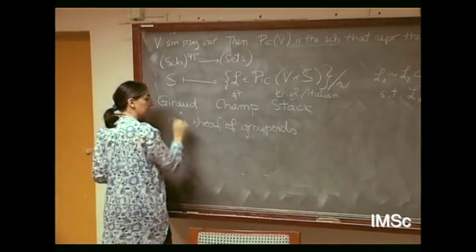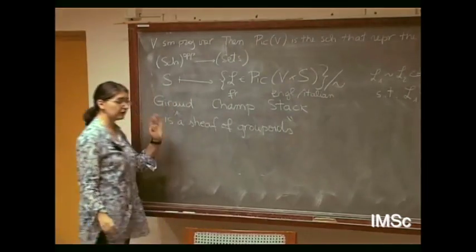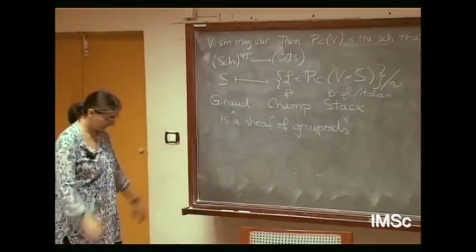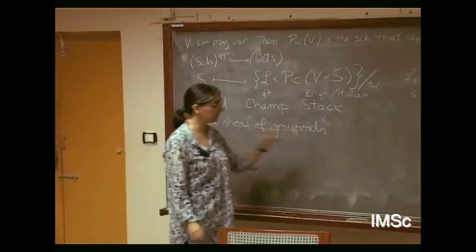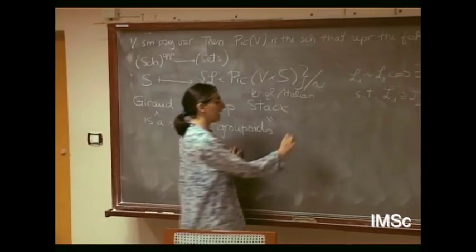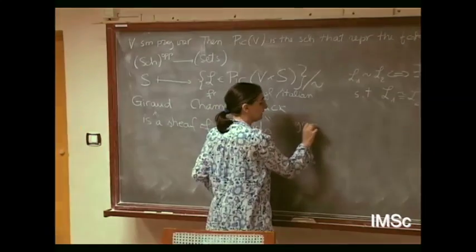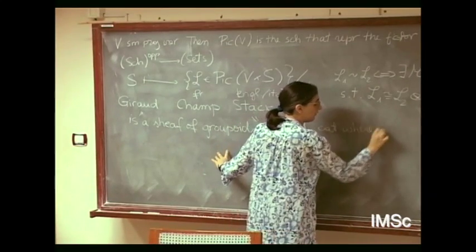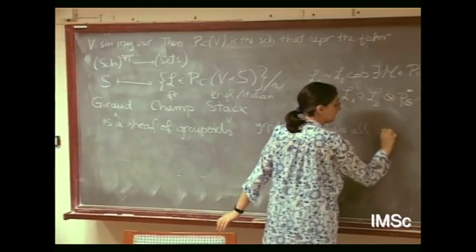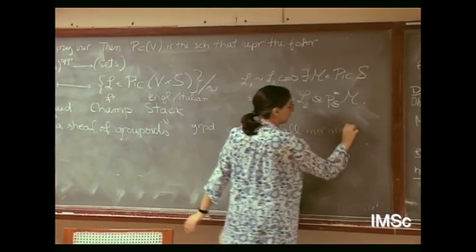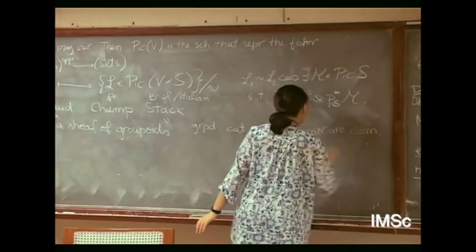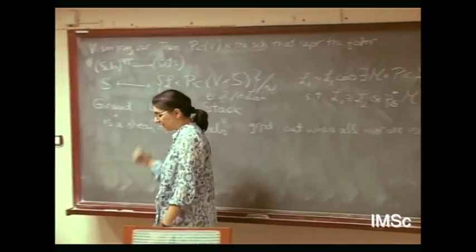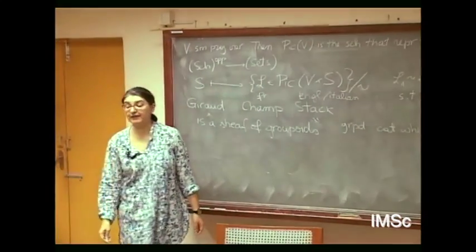And I will not give you the definition, after all I have written a short paper about this, but let me just remind you that a groupoid is a category where all morphisms are isomorphisms.